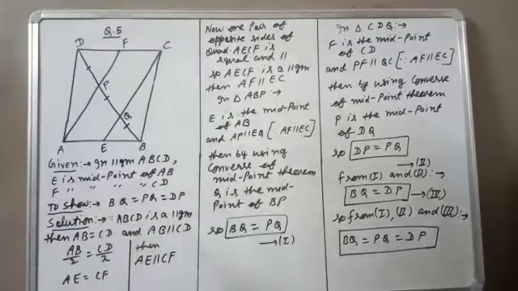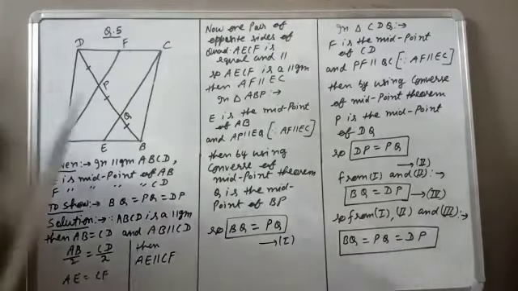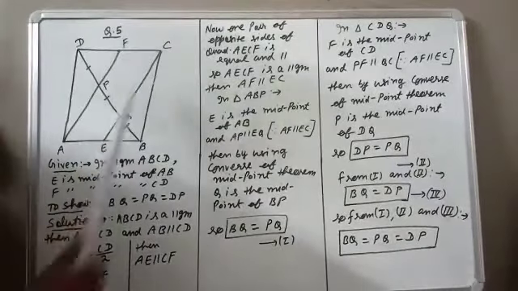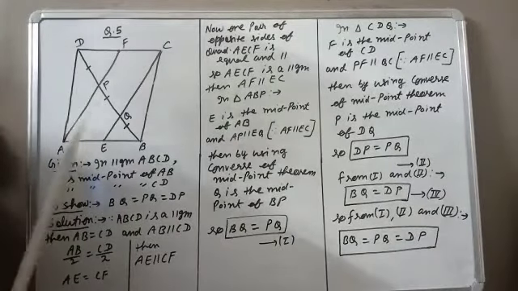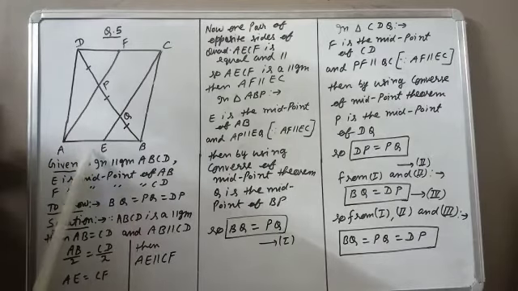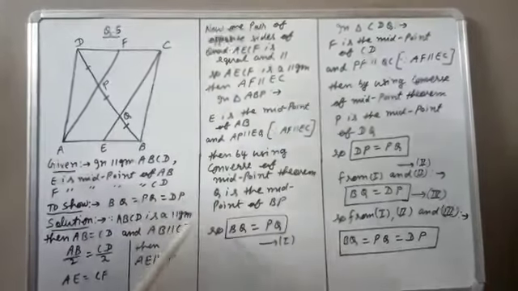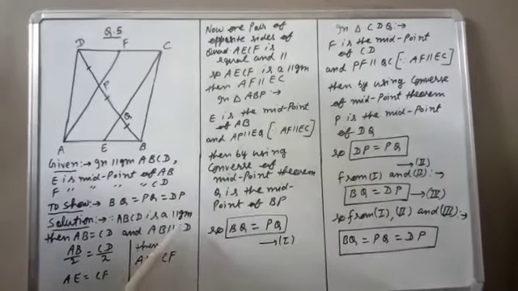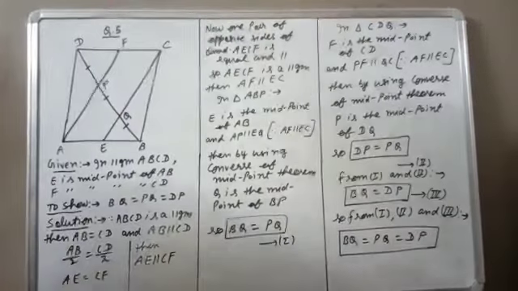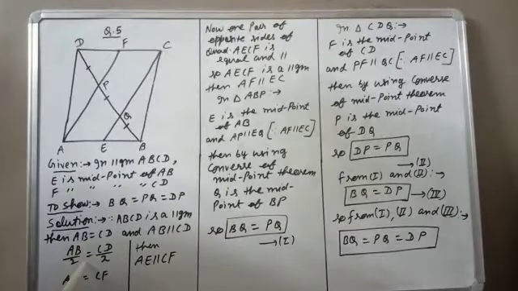Solution. First of all we will prove AECF is a parallelogram. Because ABCD is a parallelogram, AB equals CD and AB is parallel to CD, because opposite sides of a parallelogram are equal and parallel. Let us divide AB by 2 and CD by 2.